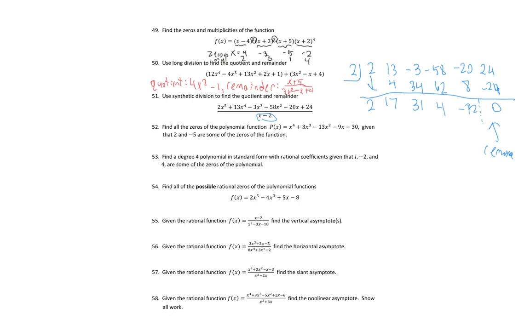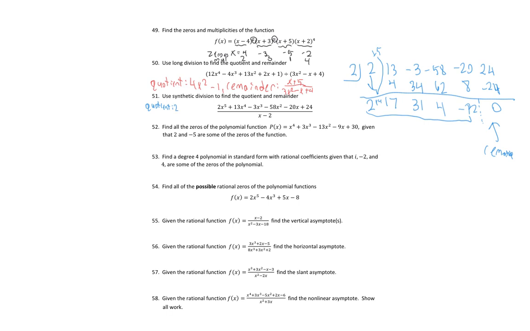So we'll have a quotient. And our quotient is going to be all of these, but we're going to put the variables back onto them. Note that whenever this starts with an x to the 5th, when we do our synthetic division, it becomes the x to the 4th. So the first term goes from the 5th to the 4th. It drops 1 power every time we do a synthetic division.